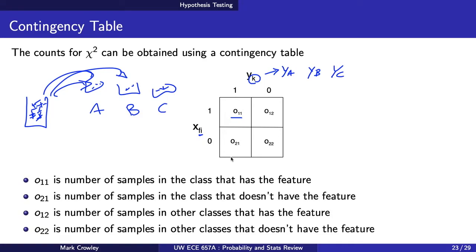Right, in this case, rows and columns. These ones all have the feature that we're talking about, right? So in this particular point, let's say that the feature is age, right? And we want to predict something based on age, right? And this doesn't have the feature.